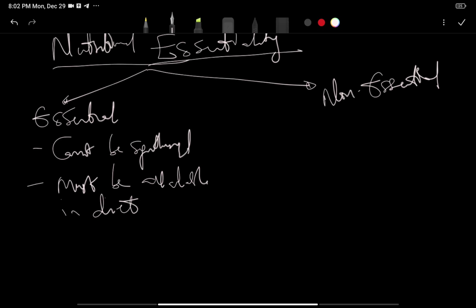While for the non-essential ones, it means that the body can synthesize them, so you don't need to put them in the diet.